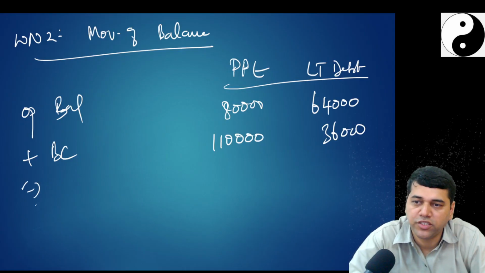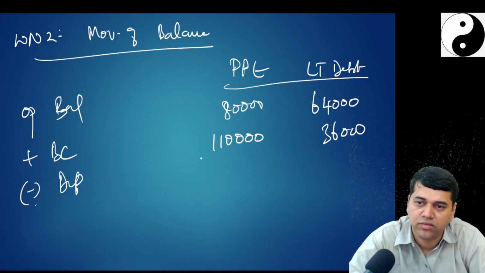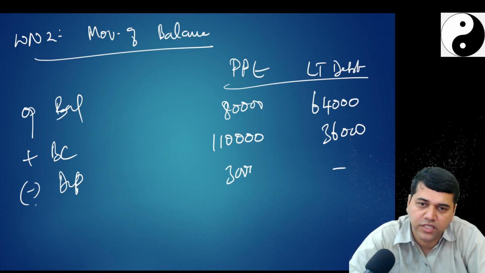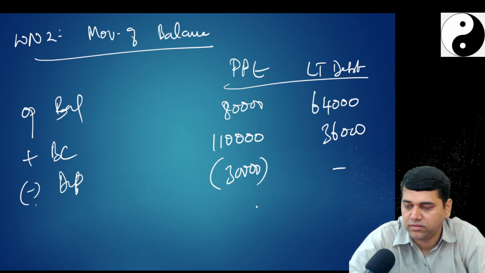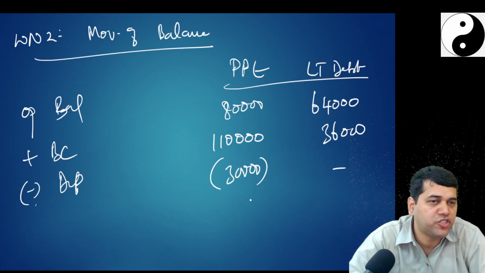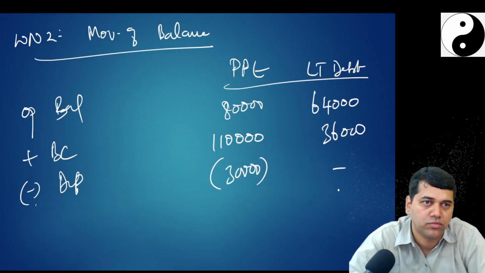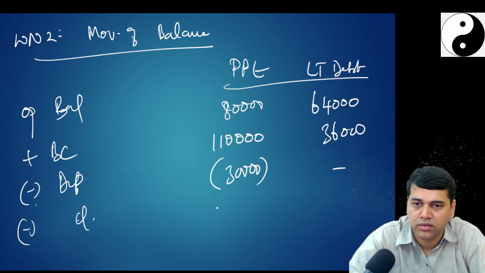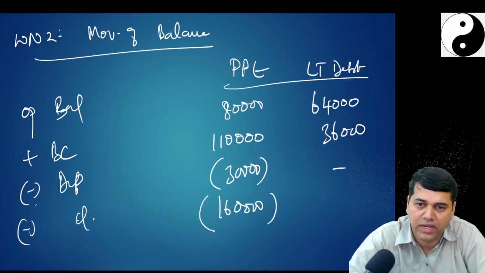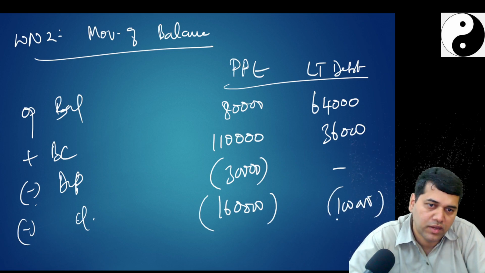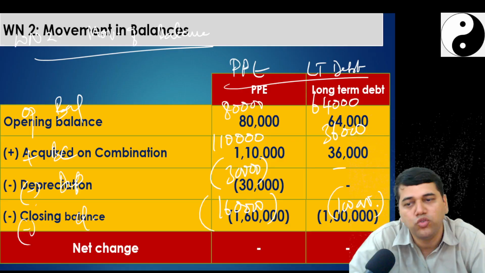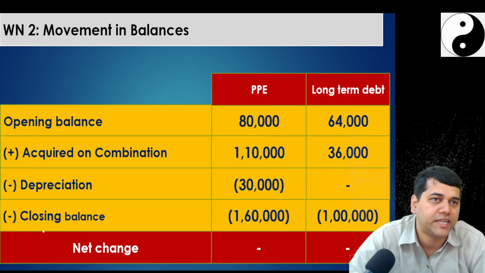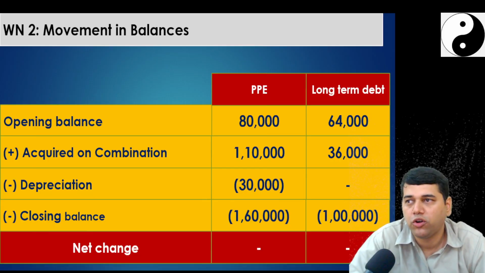So how much depreciation was charged on PPE? 30,000, which you are going to deduct. If you check, this should have been the closing balance now. But what is your closing balance? 1,60,000, 1 lakh. So if you see, there is no change actually. No acquisition happened, no retirement of the debt happened, no new debt you got.